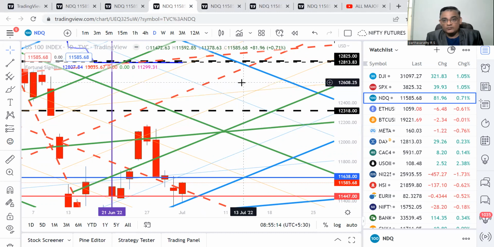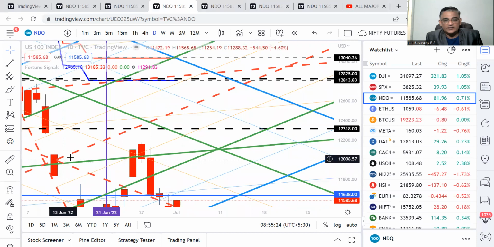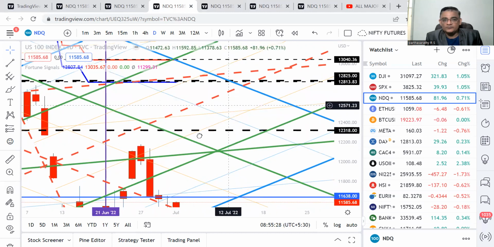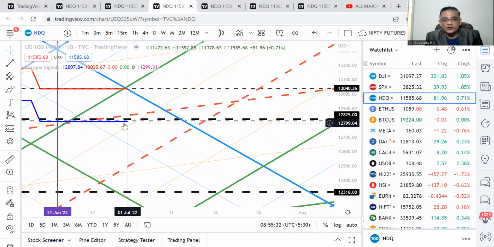I will give you all the important numbers based on fortune signals in the later part of the video. Even in case it breaks, this is the first median line resistance, and more or less it is going to the top, with a possibility of touching the fortune signals daily, which is 12,813 to 13,044 or 13,035.